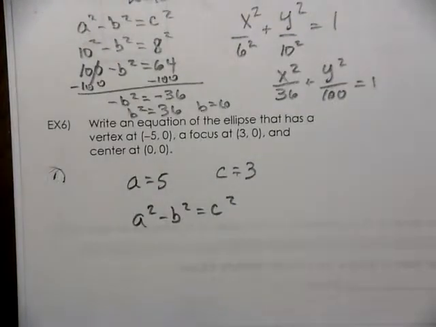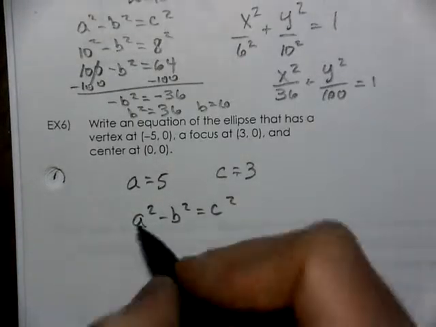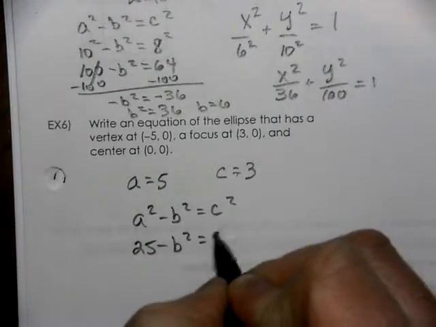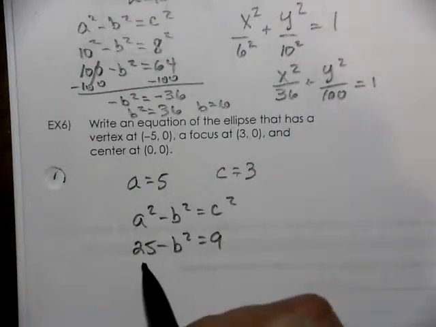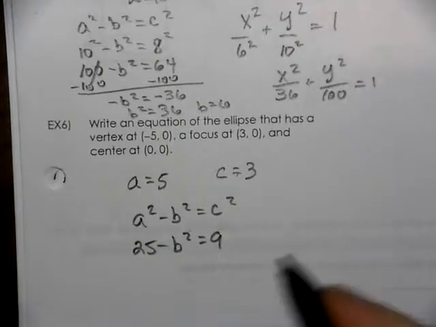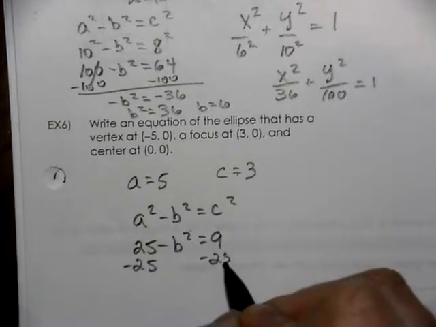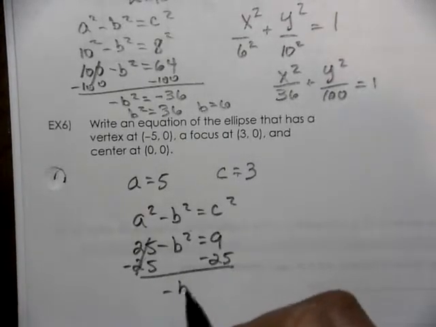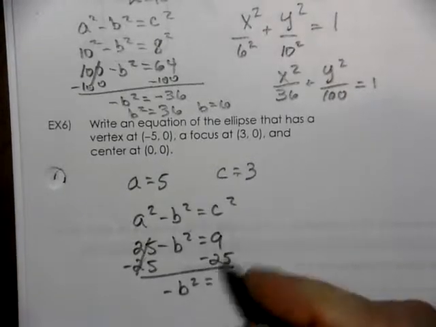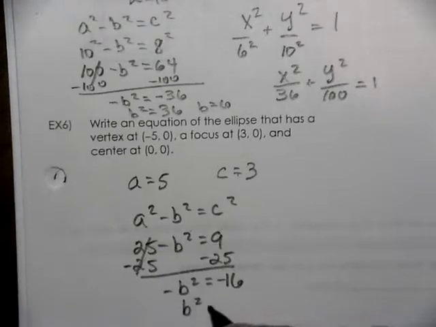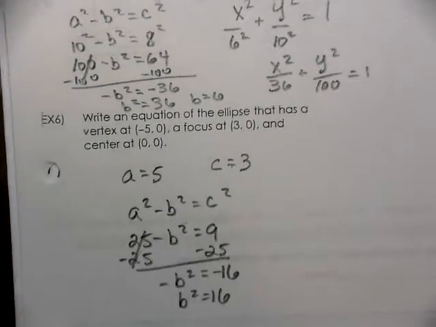So to calculate that, we're going to use a squared minus b squared equals c squared. We use this equation for an ellipse. So 25 minus b squared equals 9. I'm going to subtract the 25 to the other side. We get negative 16. So b squared equals 16.